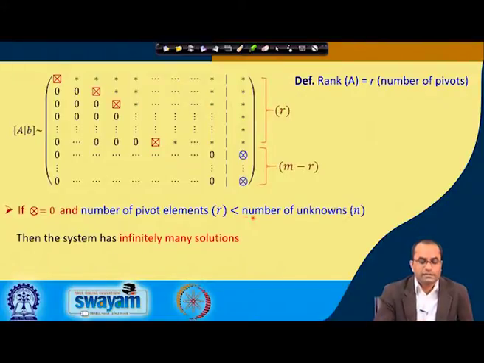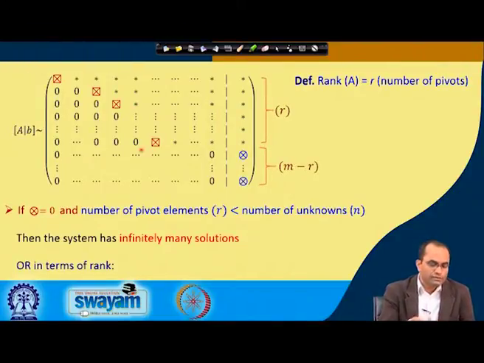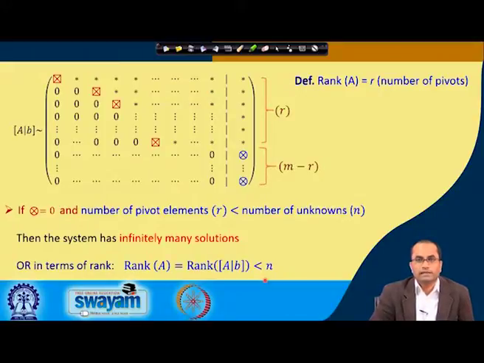There we will introduce the concept of free variables and dependent variables, and then we can generate those infinitely many solutions. In terms of rank, again the rank of A is equal to the rank of the augmented matrix for consistency, but this rank is less than the number of unknowns.